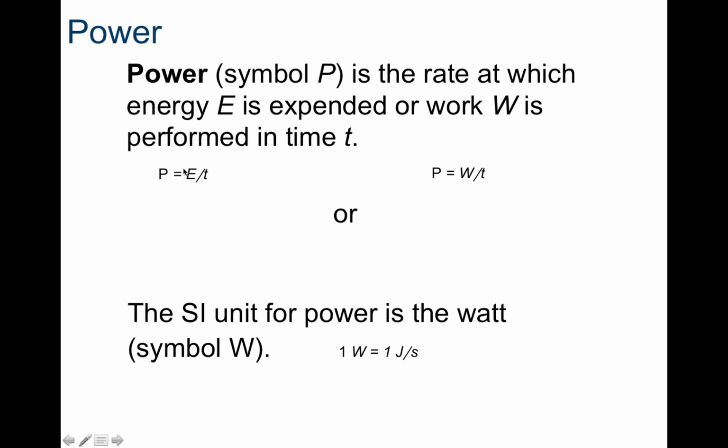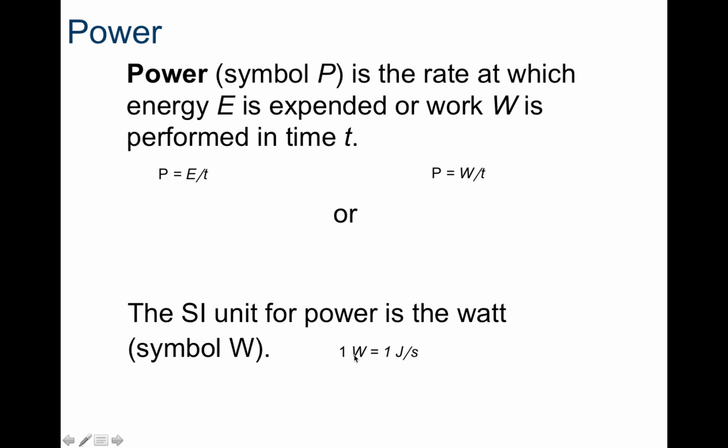The weird part is sometimes we use E for energy, which would be in joules, because it's the same thing as work, and work is also in joules. Anytime you see a W all by itself, it's talking about work. Anytime you see a W next to a 1, it's talking about power, and the standard unit for power is a watt. That's why it's W.